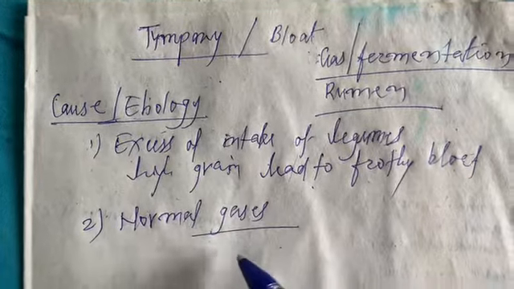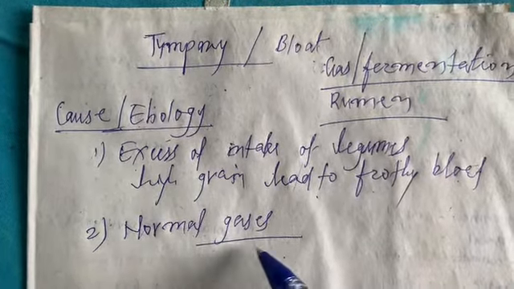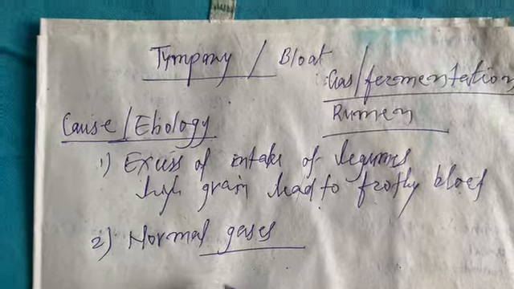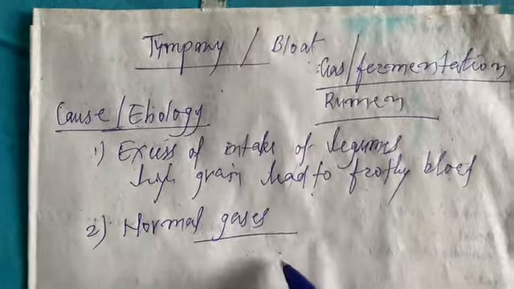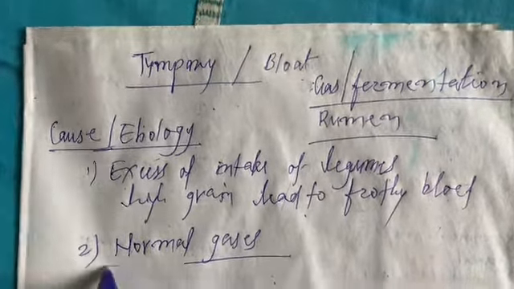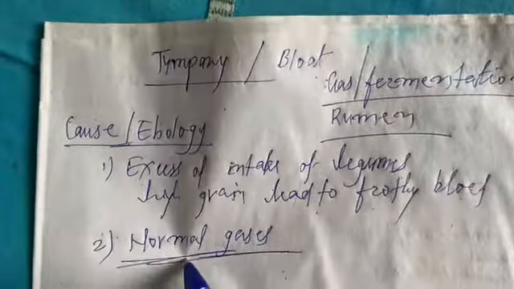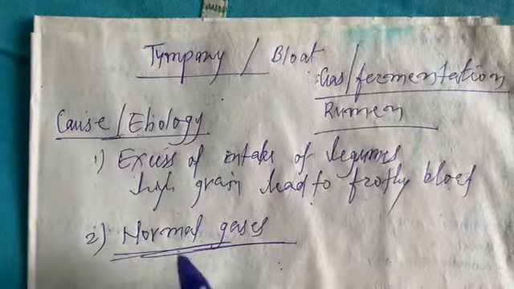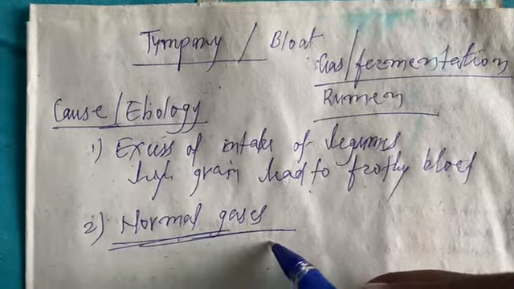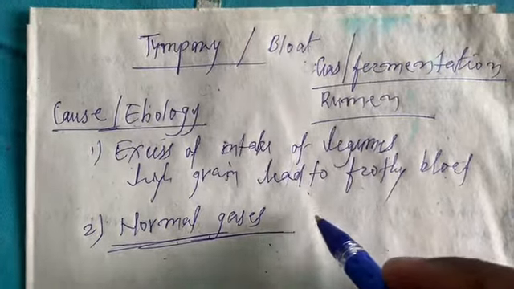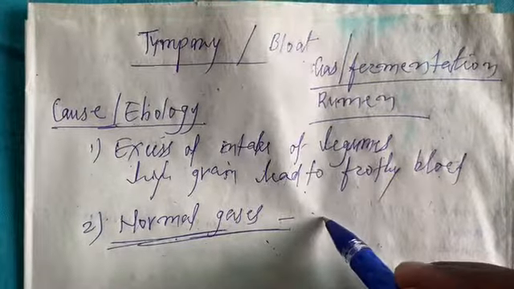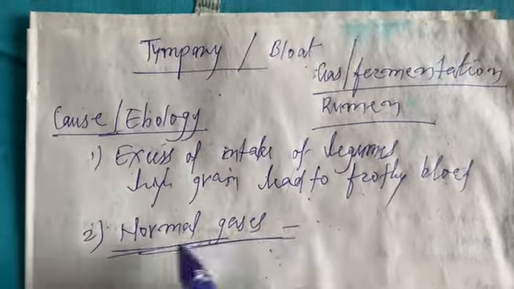It means that the esophageal passage is choked by corn cob, turnip or sugar beet, causing free gas bloat.